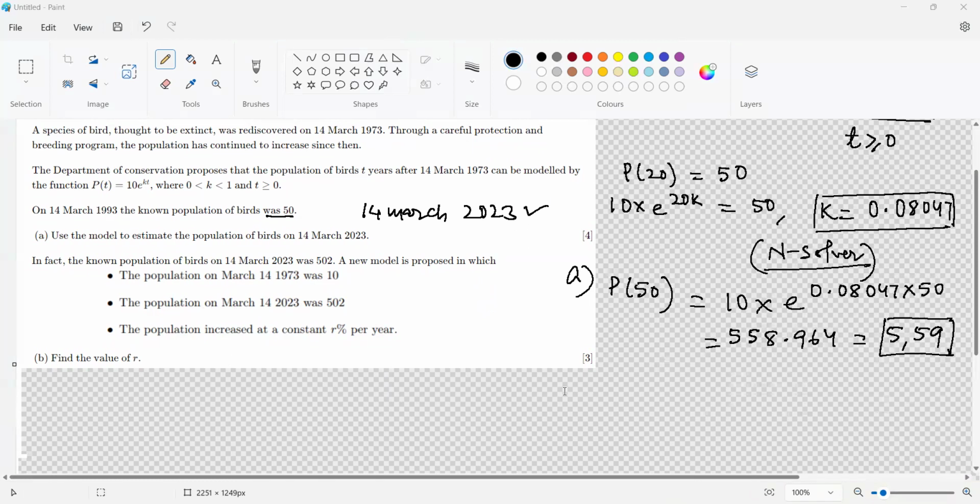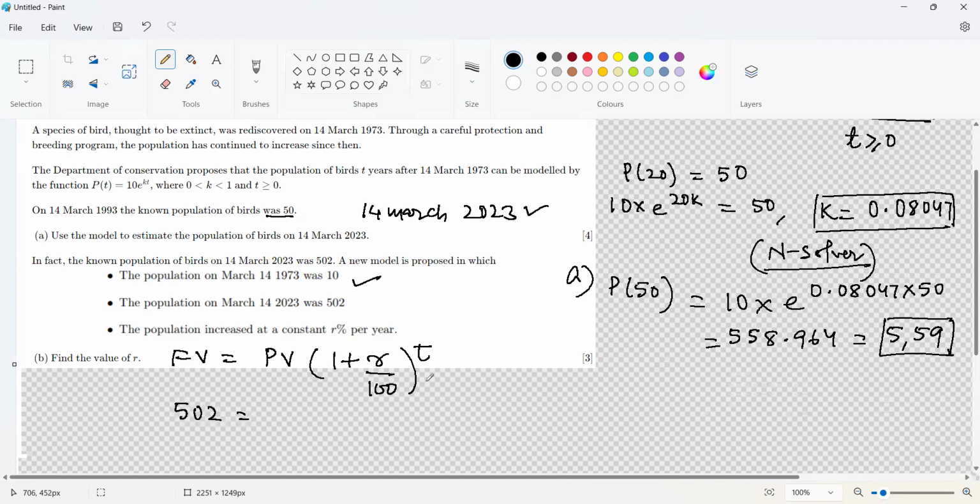So what we can use here is the formula for future value. Future value is equal to present value times (1 plus R over 100) raised to the power of time. The future value is 502.